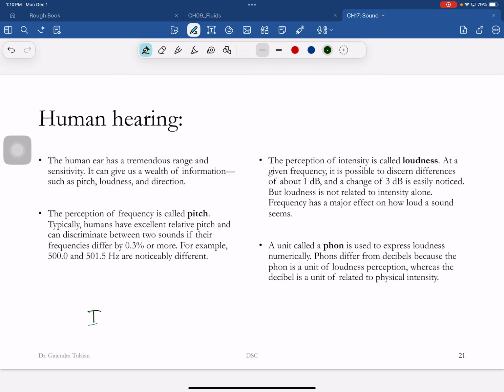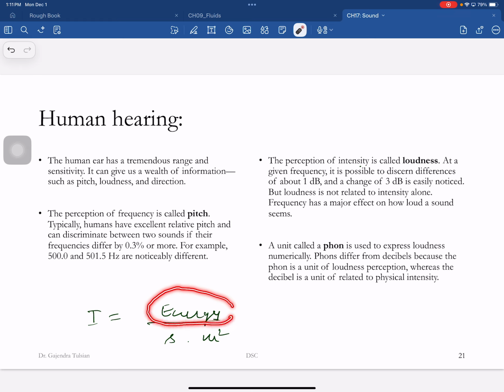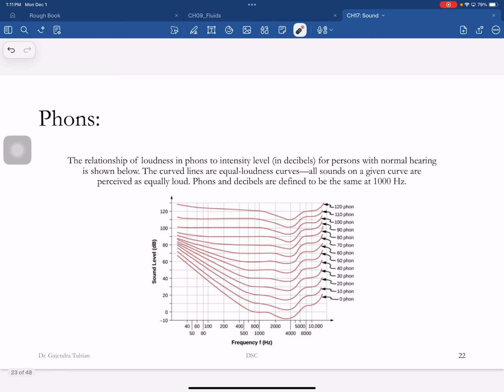The intensity is energy passing you per second per unit area. You can design electronic instruments that will measure the energy no matter what the frequency is, so an electronic instrument can measure intensity irrespective of the frequency.